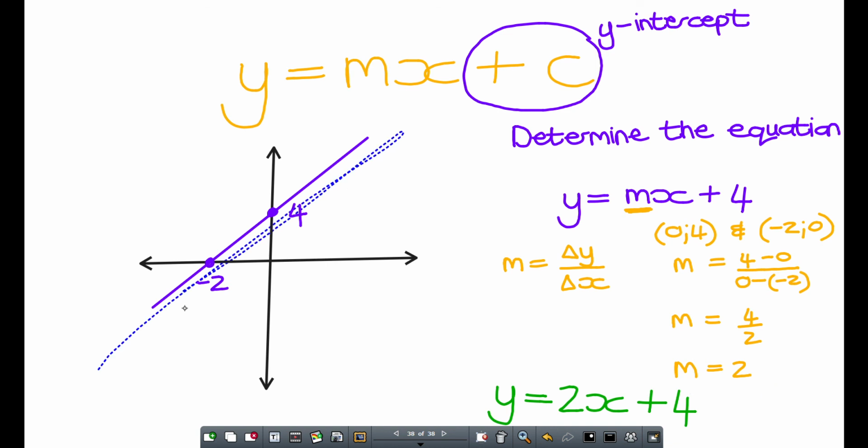And this is not a negative gradient. So if you want to use the shortcut, it's all good, but you've got to go back and check, is it a positive or a negative gradient, and make sure your signs are the same. If you were to use the shortcut, you would have gotten the positive one. You would have had -2 there, so your answer would have been -2, and it's not a negative gradient.